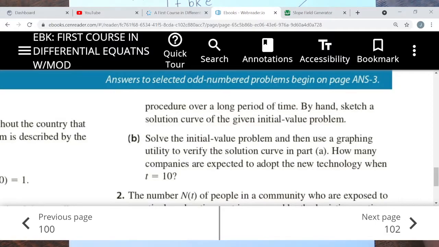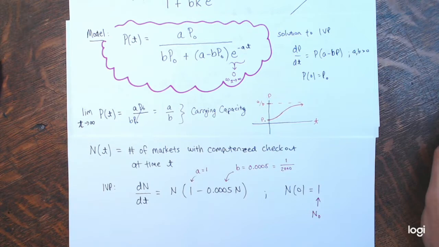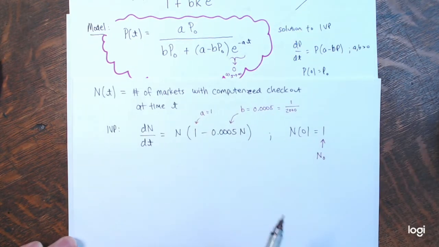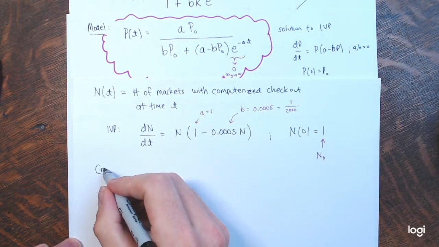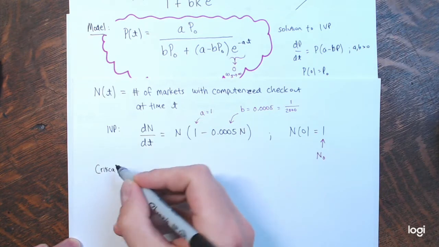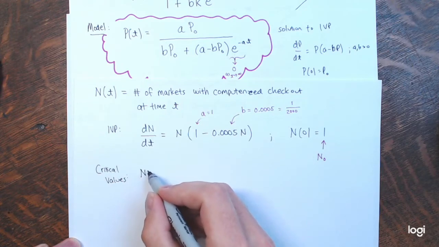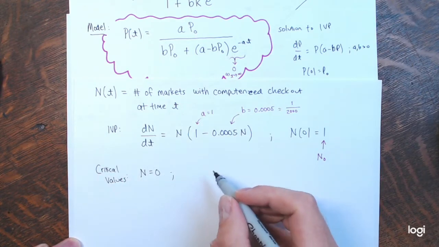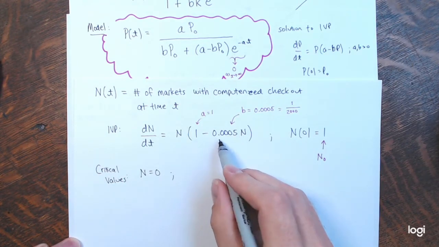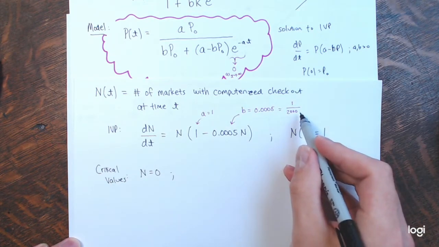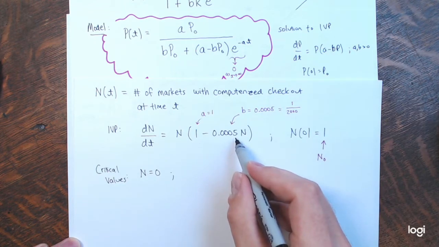So here's what they're talking about. Remember the critical values. This is an autonomous equation, so one is n equals 0, and what would make the second factor equal 0 is n equals 2,000, because 5/10,000ths is 1 over 2,000.